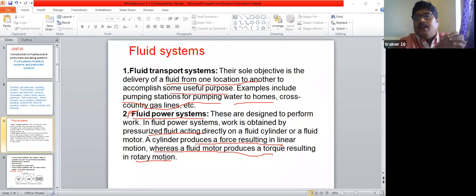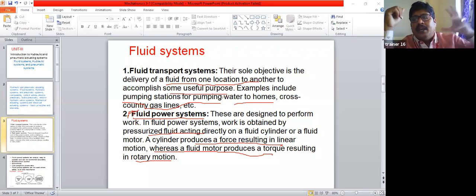Cylinder, all of you have seen a single acting cylinder. If you see the door opening and closing, when you open the door, a single acting cylinder is at the backside, operated with hydraulics. There is no need to close the door; automatically the door will close.